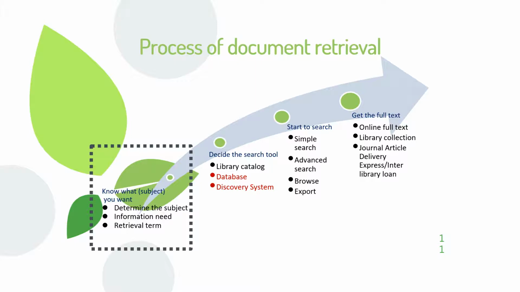Third, you can start to search. They are simple search, advanced search, browse, and export functions. Finally, you may get full texts through NTU library resources, online resources, or interlibrary loan services.